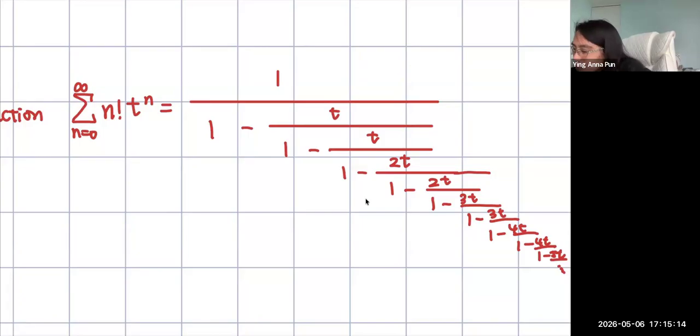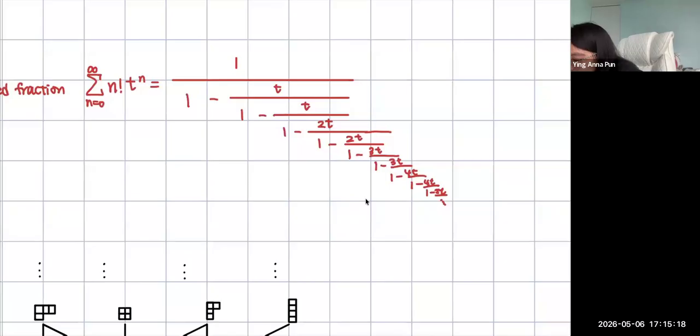You just continue this pattern, and this pattern is so nice, right? It's 1 minus t, 2t, 2t, 3t, 3t, 4t, 4t, 5t, 5t, and so on.